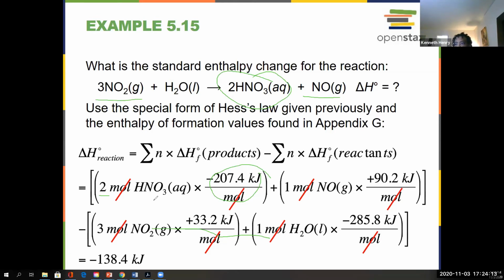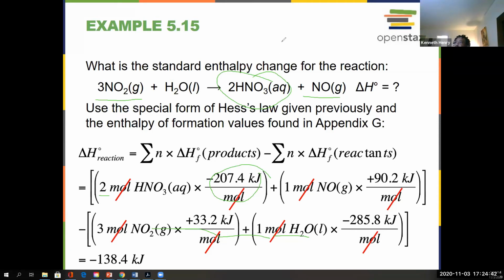So the number of moles times the enthalpy of nitrogen dioxide, and then the number of moles of water times the enthalpy of water in its liquid form. Pretty simple.